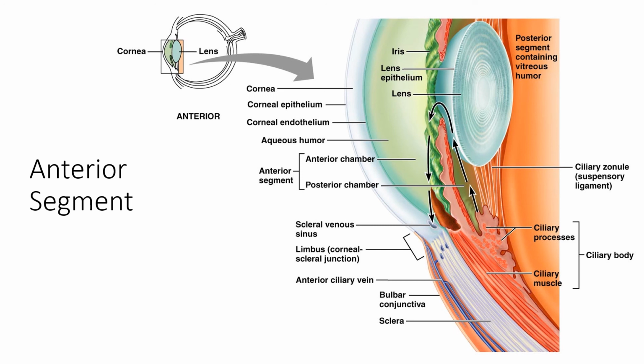That fluid is going to be collected into what's called a venous sinus that leads into venules that lead into veins, and that gets back into the general circulation of the circulatory system.